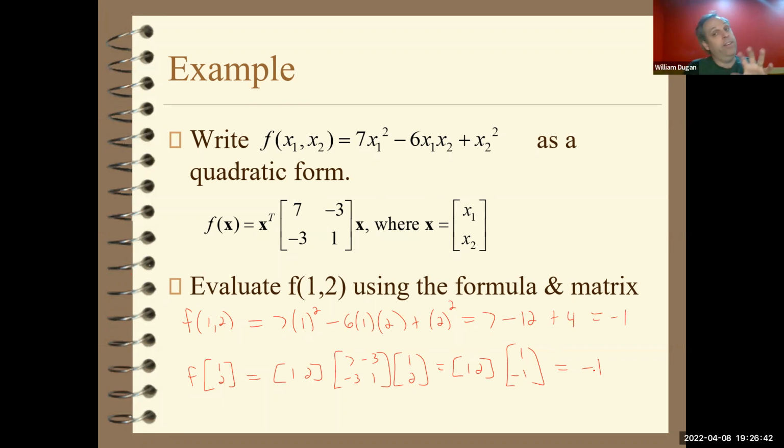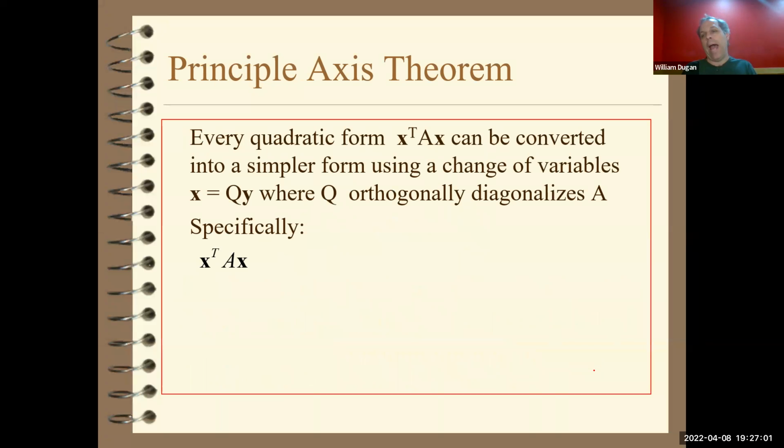I want to find a different system. And in that system, the function does not have a cross multiplication term, because we can figure out how the function behaves quite a bit faster if there just wasn't that cross term in it. That requires the principal axis theorem. Obviously, it must be important if it has a formal name.